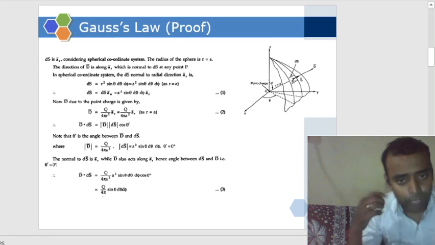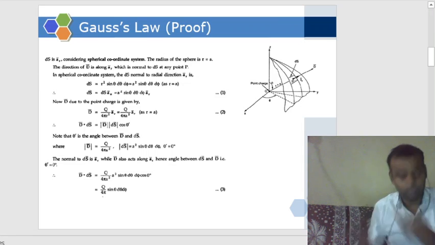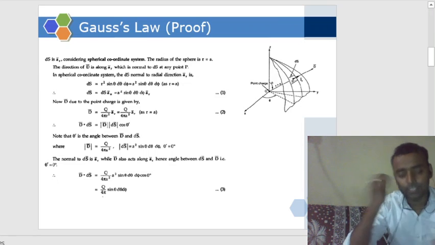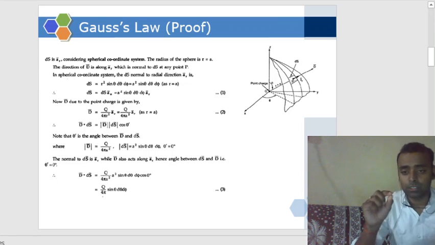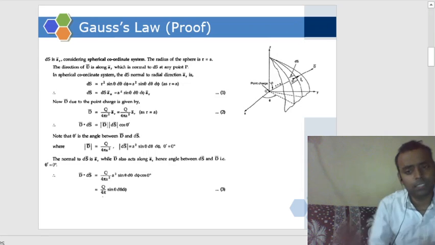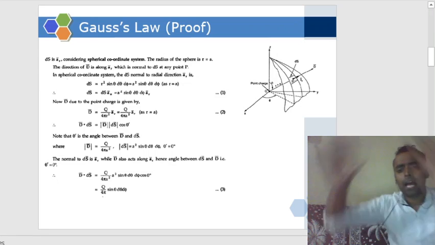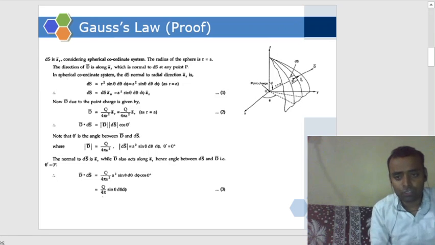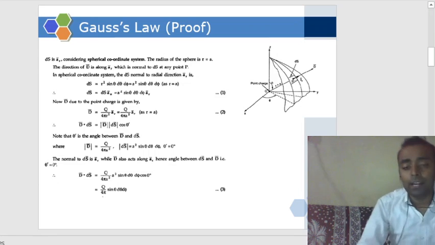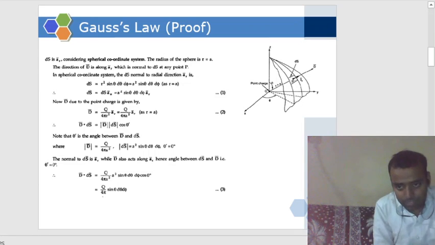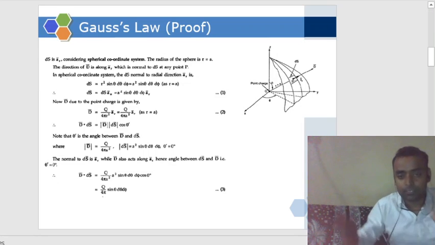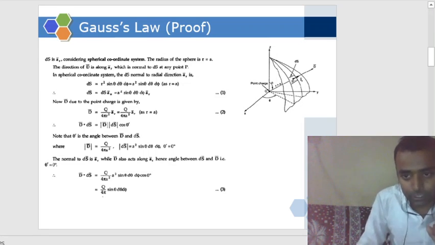So we are assuming that this point charge is kept at the origin, and an imaginary sphere encloses the point charge.